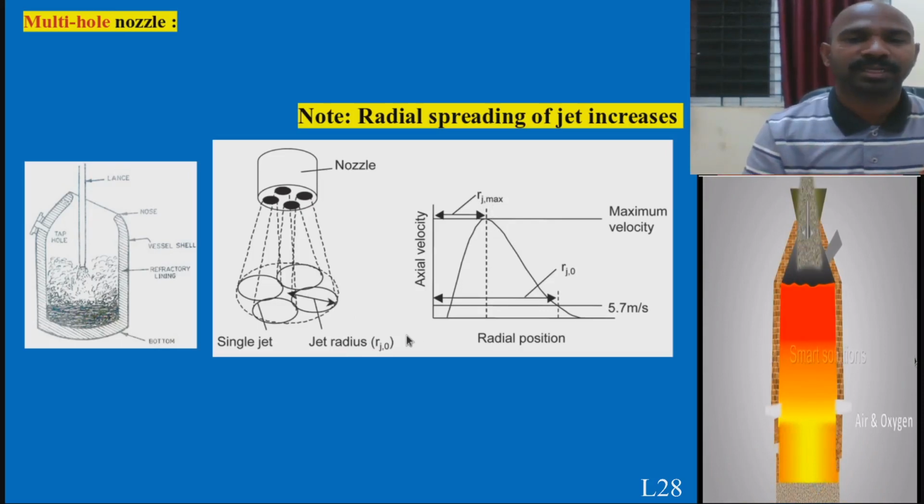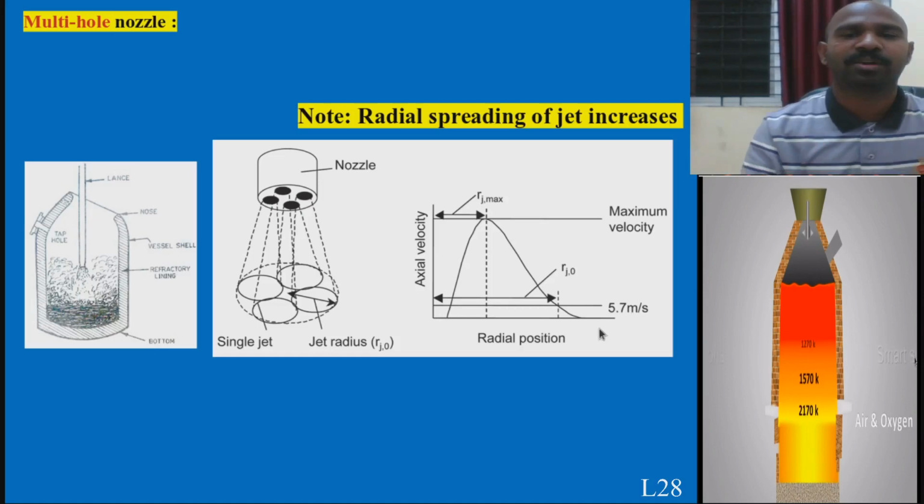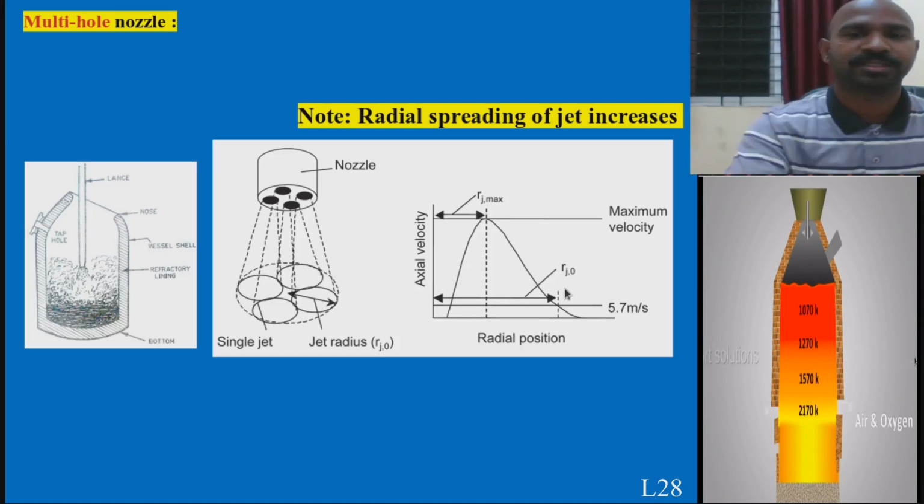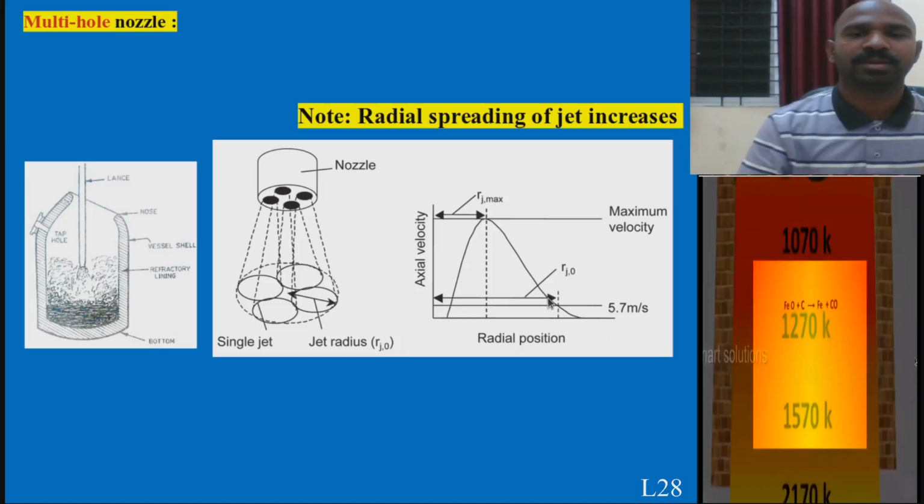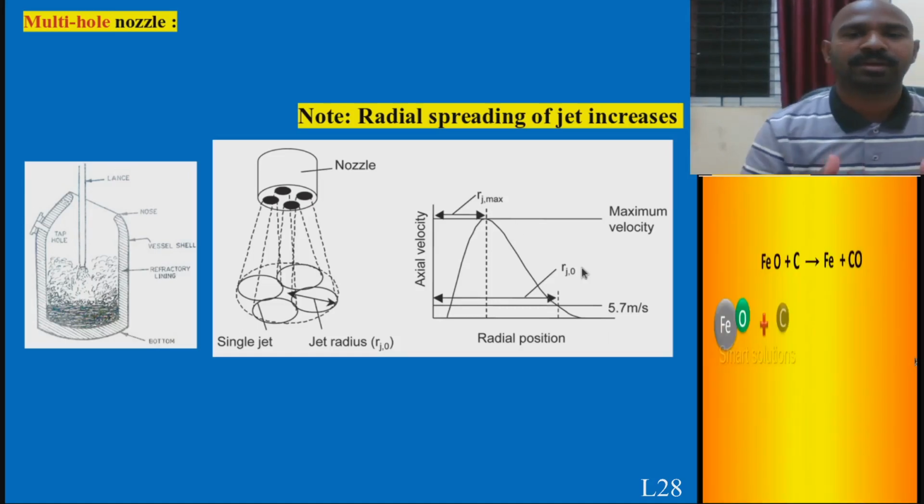Along the radial direction, for example, in one situation after 5.7 meter per second, the radial position is increased. The radial position will be longer, and after the maximum velocity is achieved, it slowly decreases.